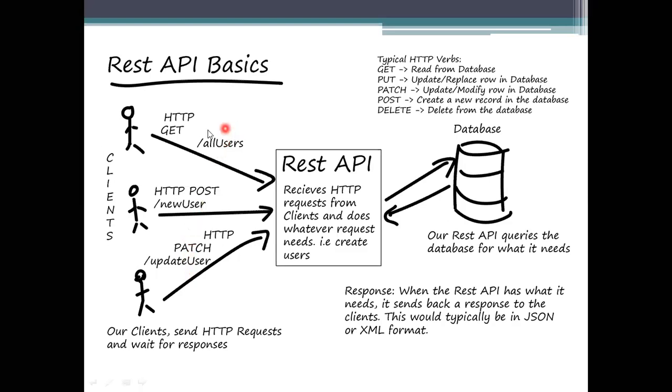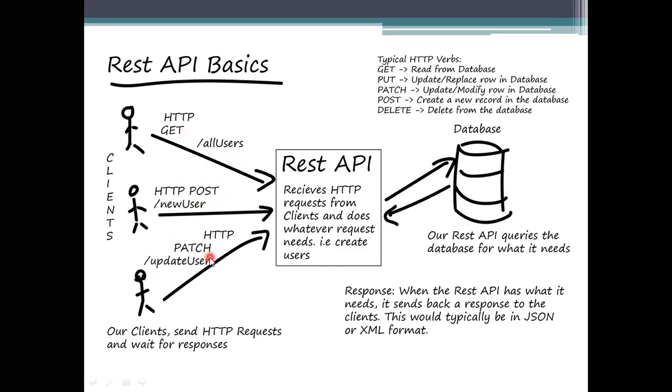For all these things, it is using different types of methods. To get all users or any representations, it is using the get method. To take a new user into account, it has to create a new record, so for that it is using post and patch.